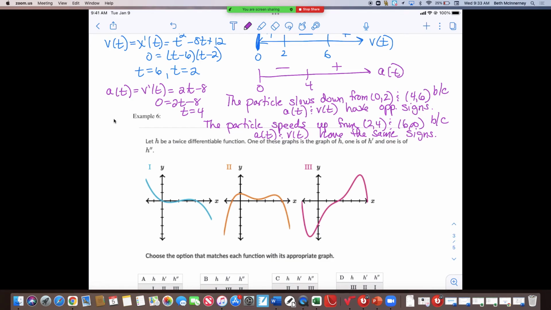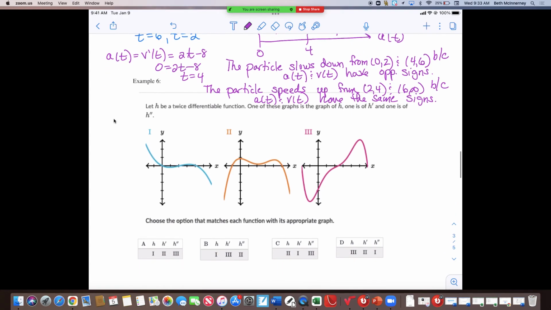One of these graphs is h, the other one is h prime, and the other one is h double prime. So you're given Roman numeral 1, 2, and 3. Figure out which one was the original, which one is the first derivative, and which one is the second derivative. And then make your guess. I'm going to give you a few minutes to try to think about this.